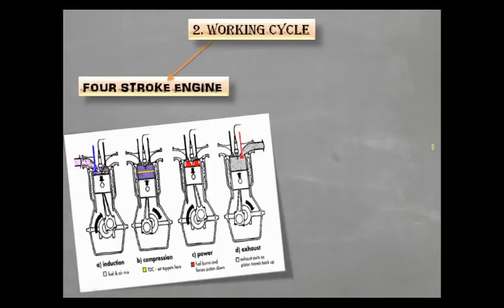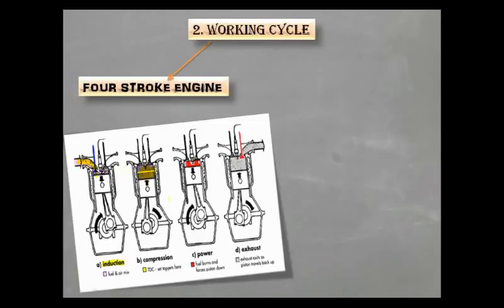The 4 strokes of the engine are: first, induction, where air and fuel mixture is induced inside the cylinder from the intake port, as we can see from the figure. Second, compression, where this air and fuel mixture is compressed.